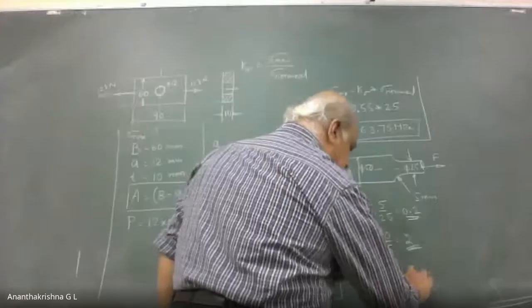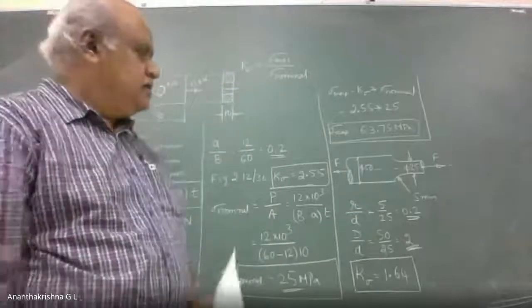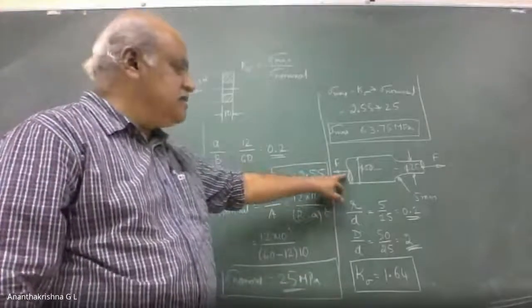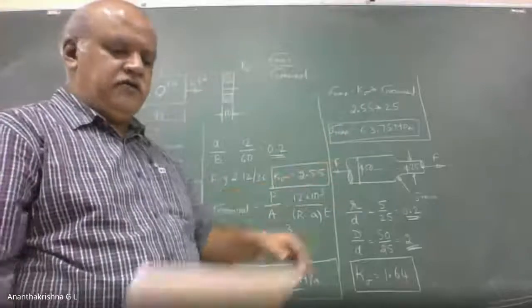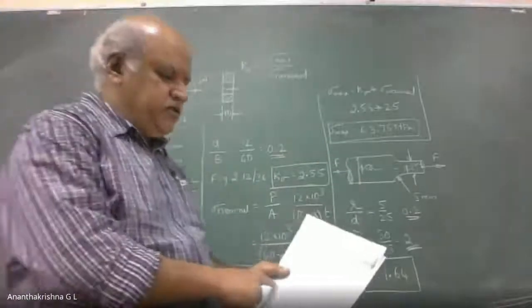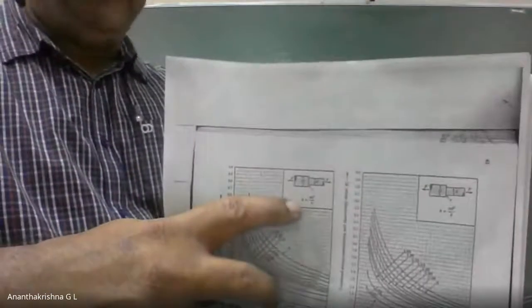Okay, I'll take 1.64, doesn't matter. Since it is subjected to axial tensile load, nominal stress is load by area of cross section. In the given figure 2.23, A is equal to pi d square by 4.